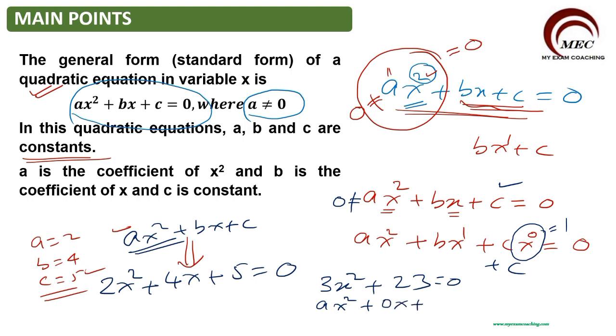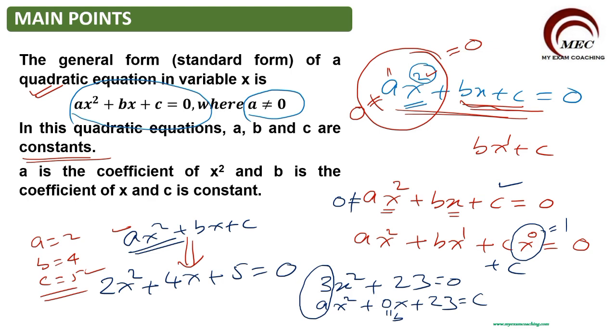In place of c, we have 23. So here a is equal to 3, b is 0, and c will be equal to 23. So b and c may be 0, b and c may not be 0. It depends upon the equation. But a is not equal to 0. A cannot be equal to 0.